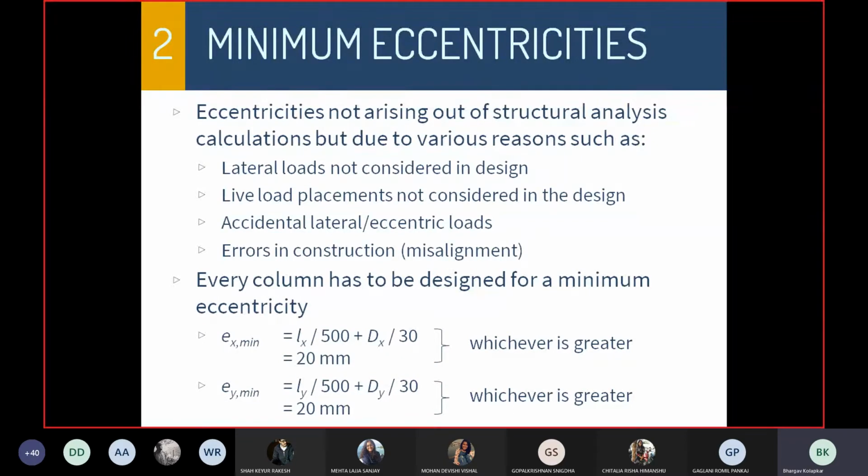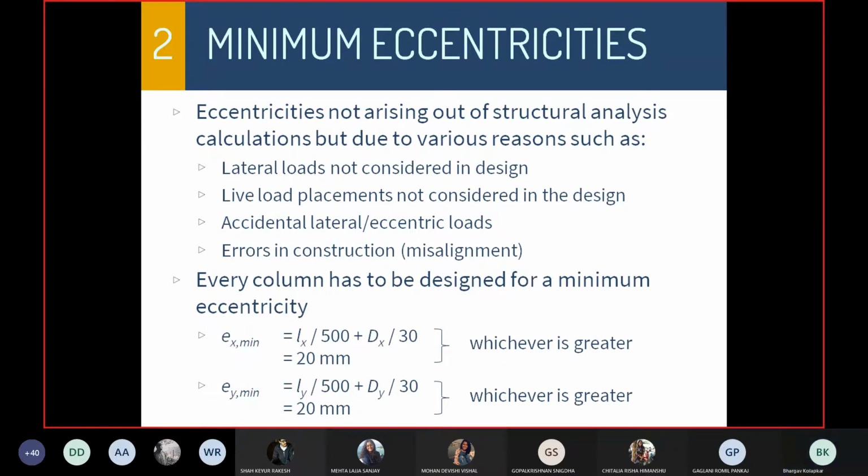For example, say a building or a structure is designed only for gravity loads. It is not designed for lateral loads like earthquakes and winds at all. But if some of these loads in different magnitudes act on the structure at some time, there's going to be no resistance to these. And therefore, the columns have to be designed for a minimum value at least.